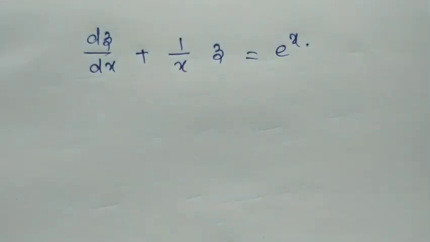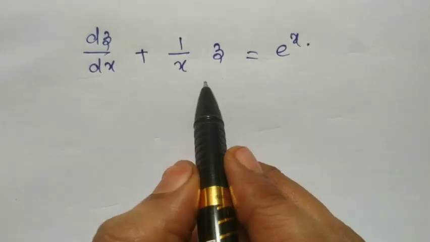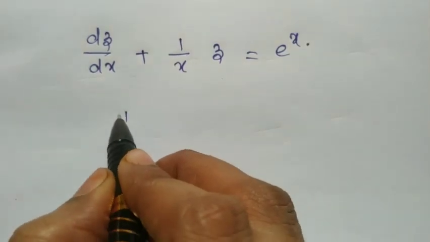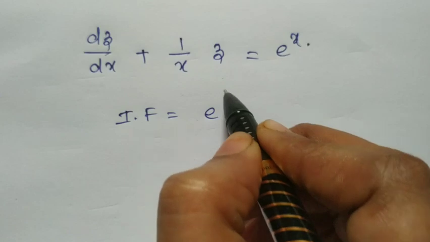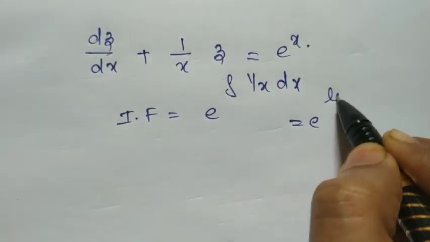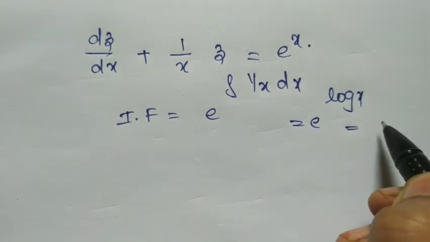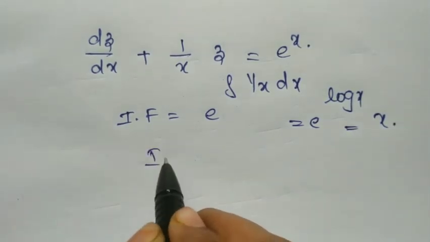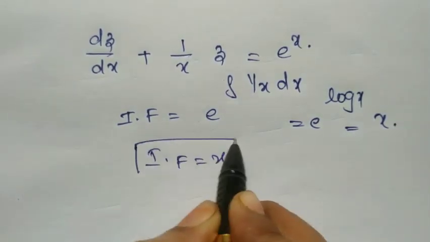So this is in the form of a linear differential equation. So therefore integrating factor equals e power integration of 1 by x dx, so e power log x, that is equal to x. So therefore integrating factor equals x.